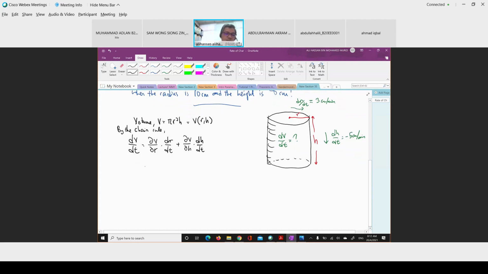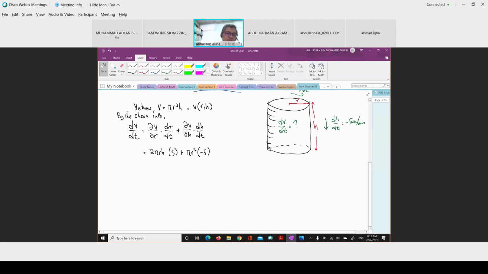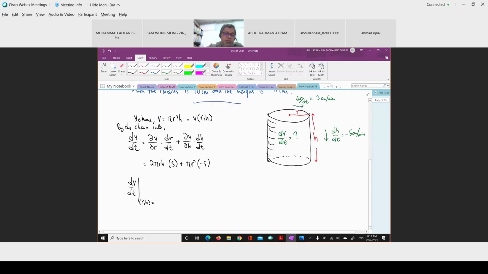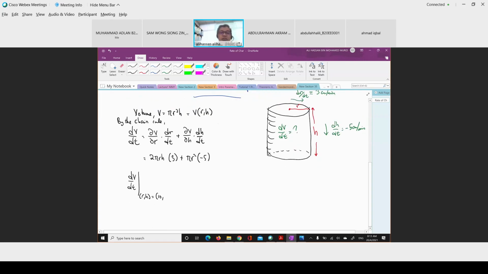So what is ∂V/∂r here? 2 pi rh, yeah. dr/dt is given as 3, and ∂V/∂h is pi r squared, and dh/dt is minus 5. Okay, so we want to find the rate of change at the moment where r is equal to 10 and h is equal to 8.